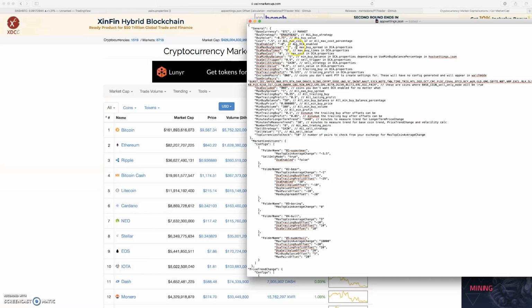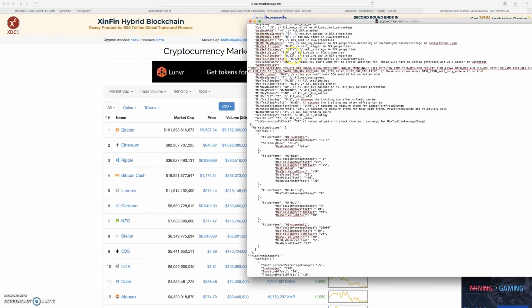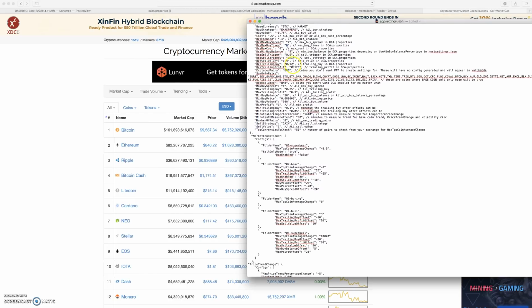DCA enables at -4, max buy spread. Let's see, we can just go through this. If you have a low budget, this is a good thing to keep low. This is also good to keep around 4, 5, or 6. Like I said, DCAs are what's going to eat your Bitcoin up real fast.